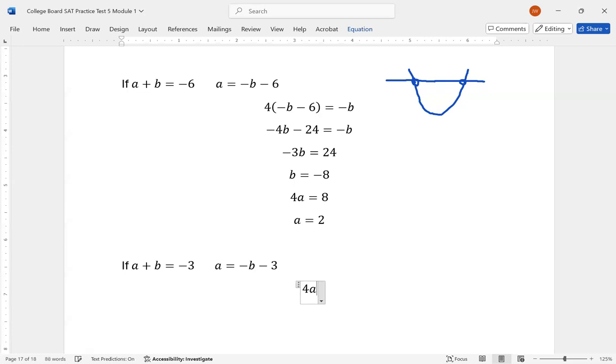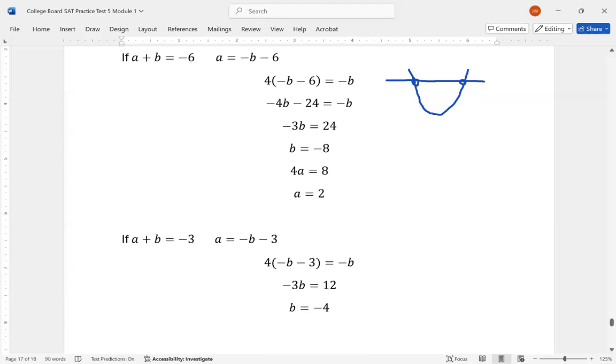We know that 4a is equal to negative b. Replacing a with negative b minus 3 and solving, you get negative 3b equal to positive 12. So b would be negative 4.